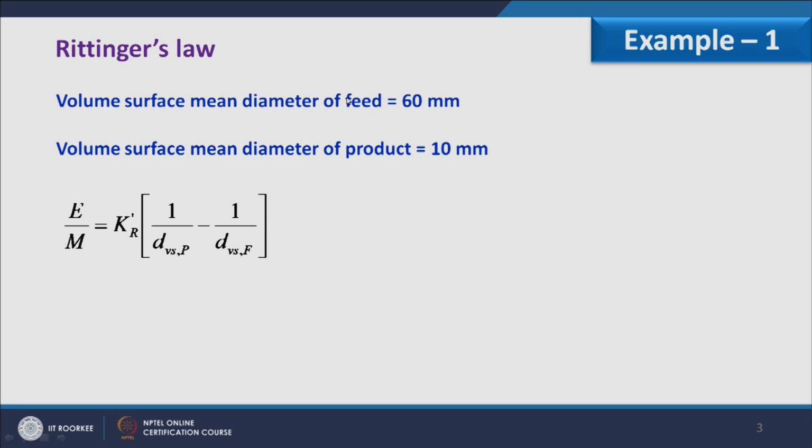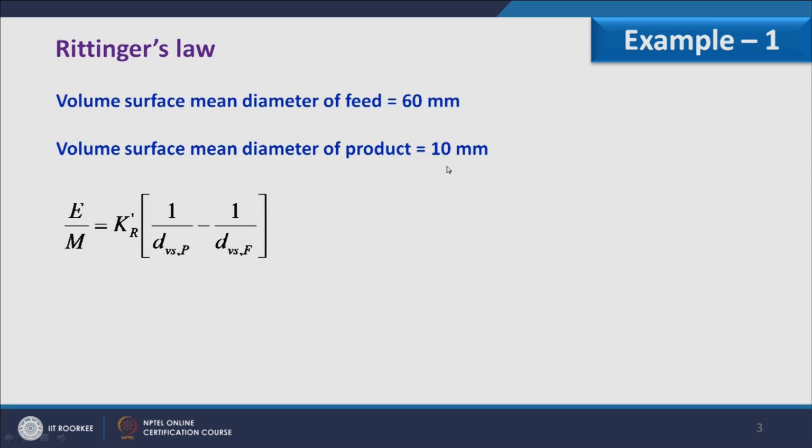For feed, the volume surface mean diameter is equal to 60 mm and for product it is 10 mm. So, we have assumed that to be used in this expression. Once I use the values of dVsp and dVsf in this, E by m I already know.